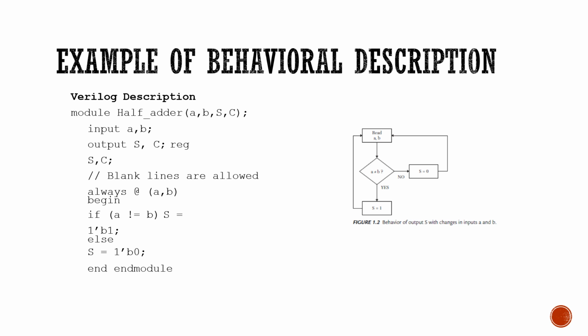Begin, if A not equals B, meaning both the variables are assigned different values, then the sum output S is equal to 1 bit 1. Else, if both the inputs are the same, then the sum output is equal to 1 bit 0. So this operation exactly performs an XOR operation.